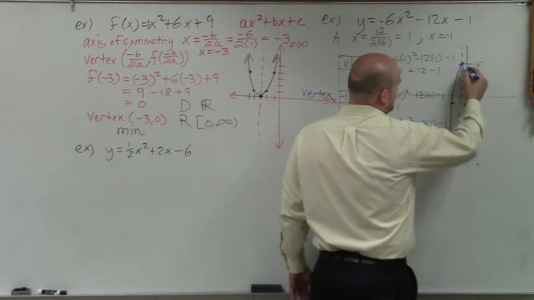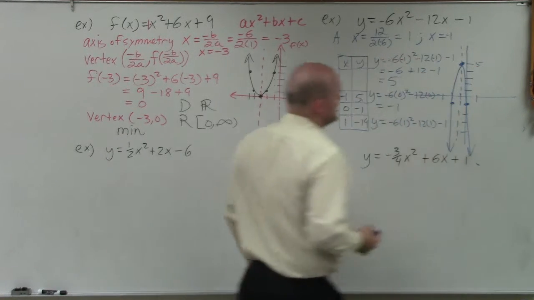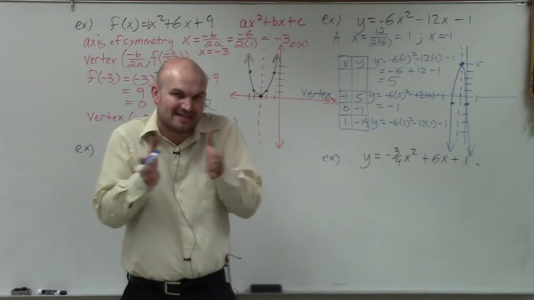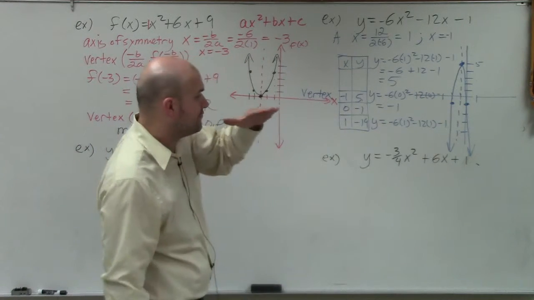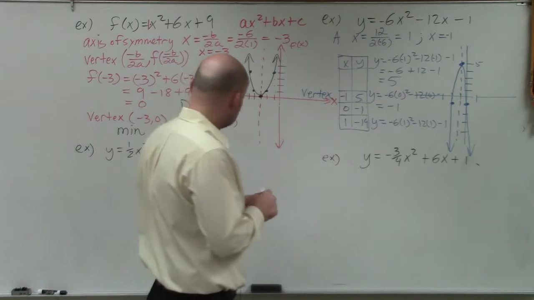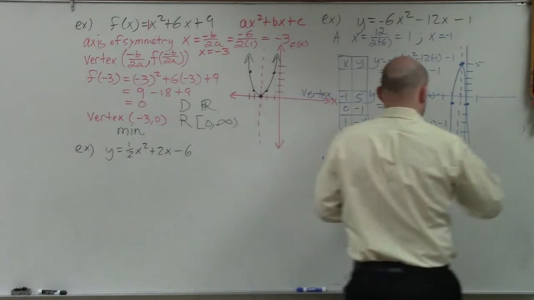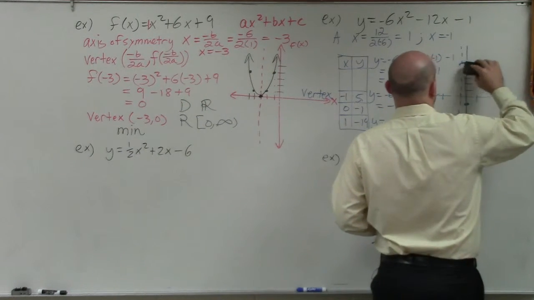And you can see that this graph is much skinnier than the last one I drew because that 6 is compressing, horizontally compressing the graph or vertically stretching the graph. Let me use a different color. How does that sound?